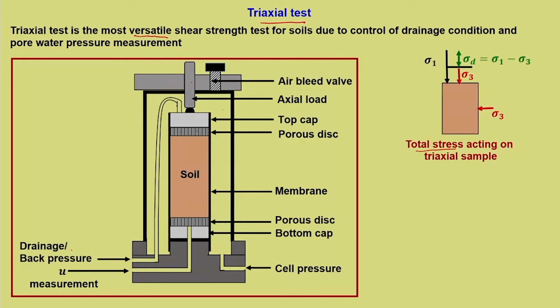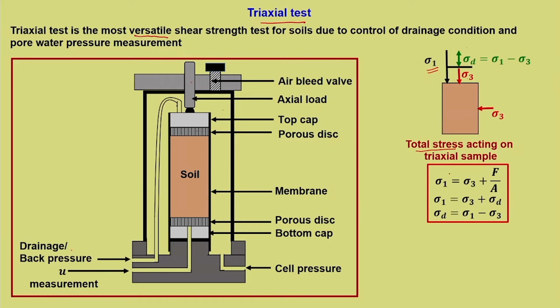That is the deviatoric stress component which induces shear, and that causes failure. That is given by this. So, the total stress, which is the axial stress as well plus the confining stress which is acting on the top of the sample, that is together the major principal stress. Hence, the deviatoric stress is nothing but sigma 1 minus sigma 3.